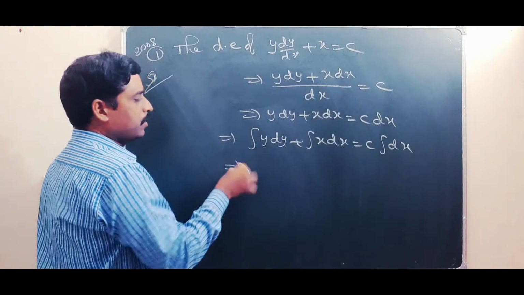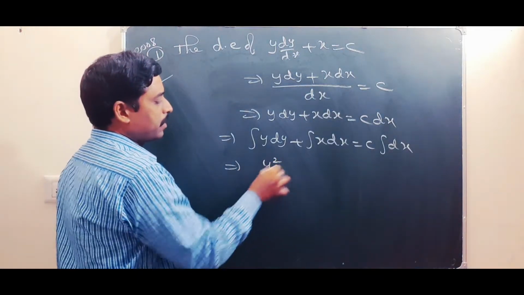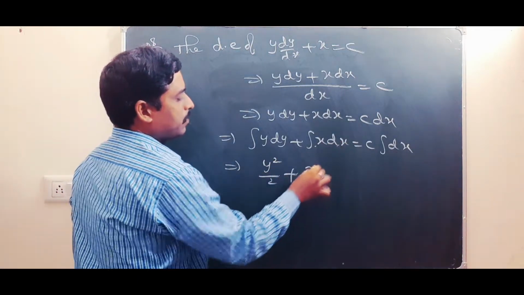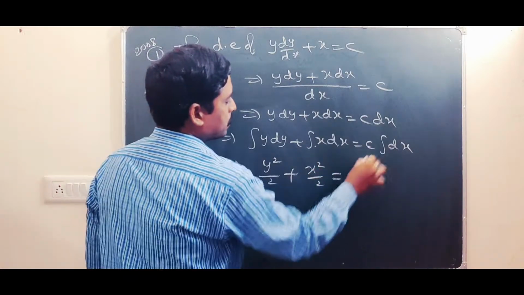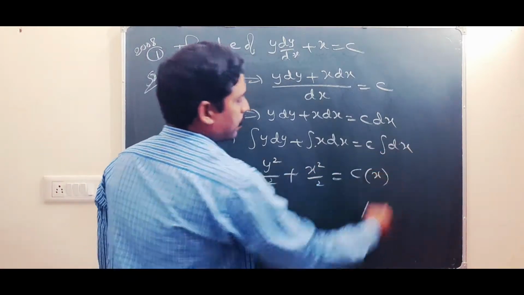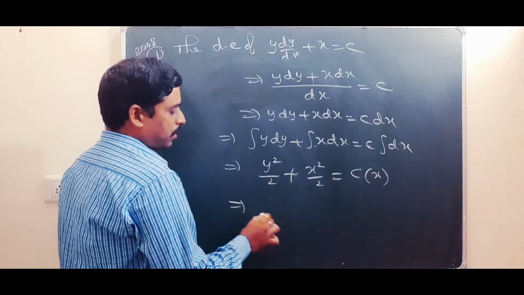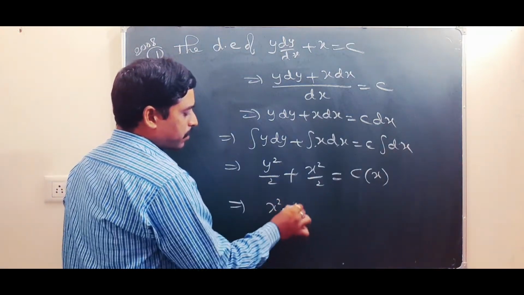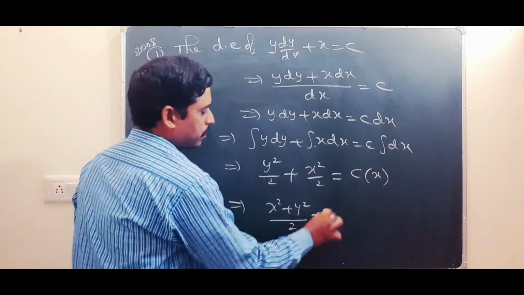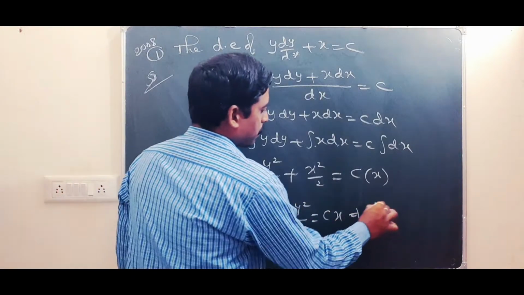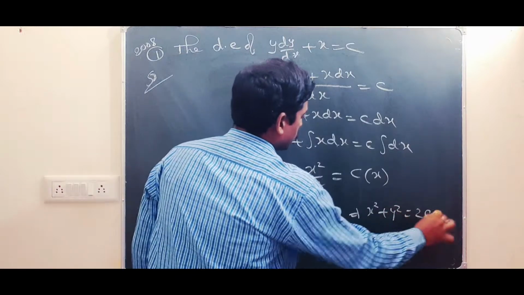We get y square by 2 plus x square by 2 is equal to c into x. Let us do LCM: (x square plus y square) by 2 is equal to cx. So x square plus y square is equal to 2cx.